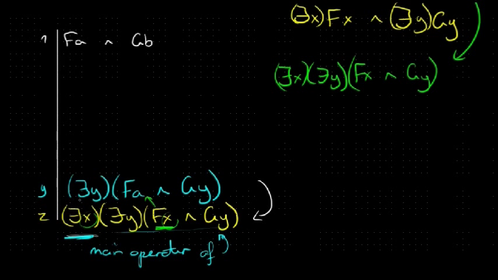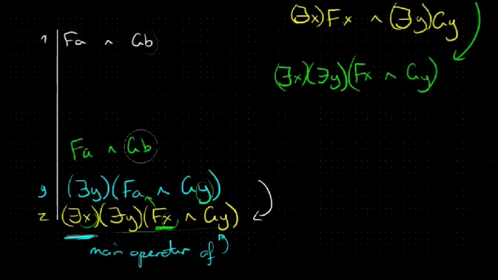Okay, and then we just need to do the same thing again. We need to take off the existential quantifier again in order to get back. If we take off the EY, we'll be left with FA and GB, because we get rid of the Y here and replace it by the B. So we'll be at our first formula.